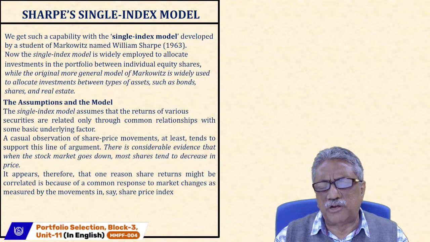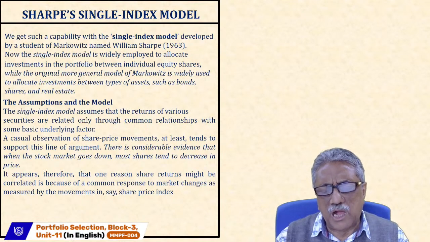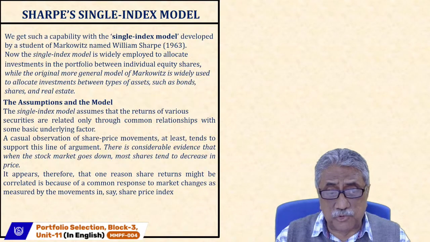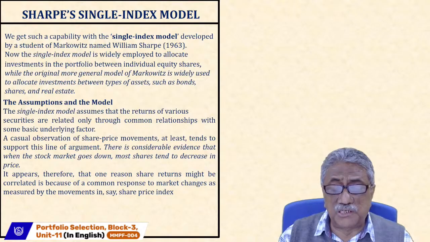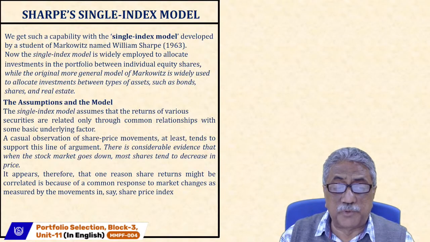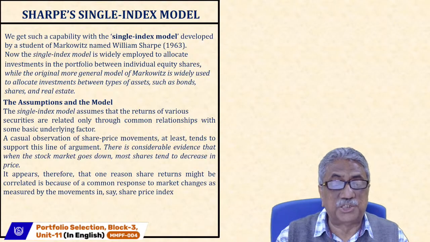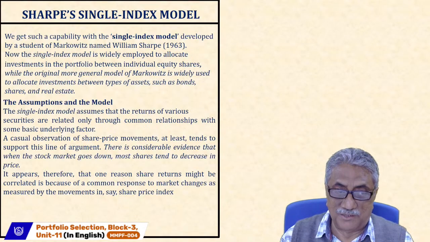One stock will react differently, another stock will react differently. That you observe. It appears, therefore, that one reason share returns might be correlated is because of the common response to market changes as measured by movements in, say, a share price index.